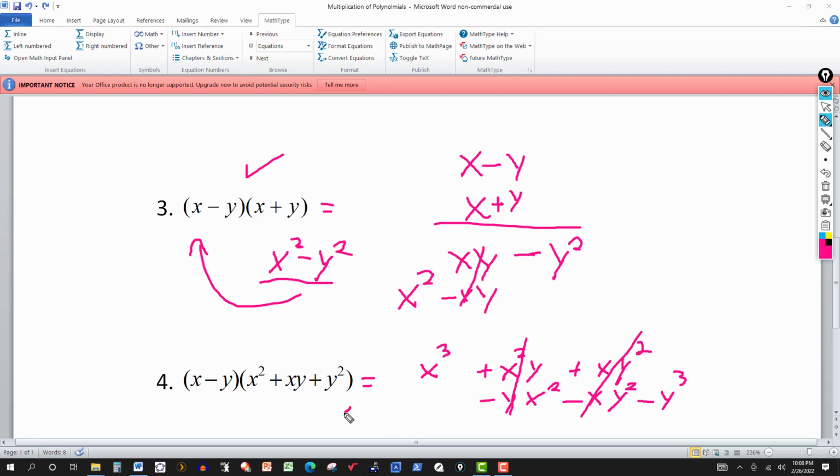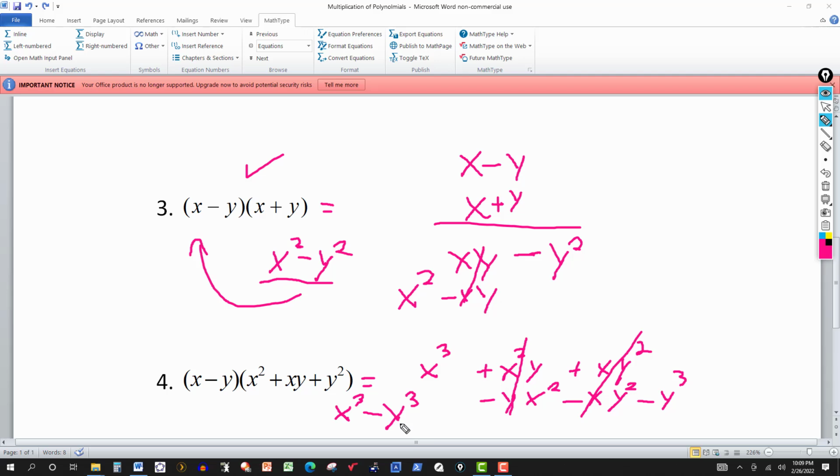So the answer to this one, when you multiply it out, is x cubed minus y cubed. So just again, another reminder that you're going to be multiplying polynomials out, and then the opposite operation is to factor. If I multiply x minus y times this trinomial, we get x cubed minus y cubed.